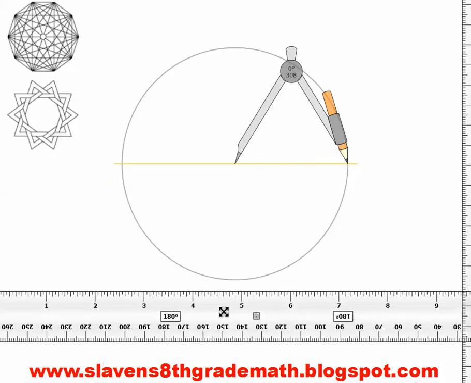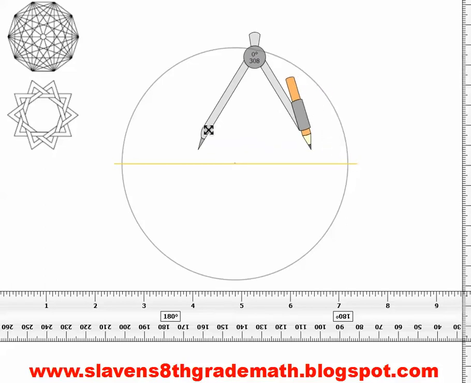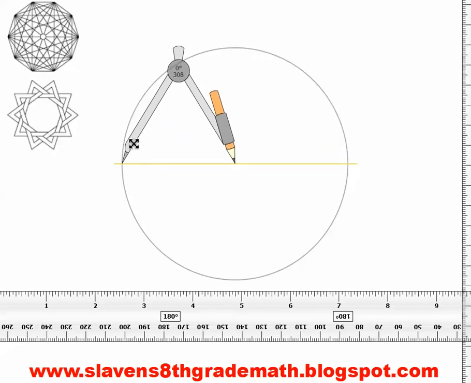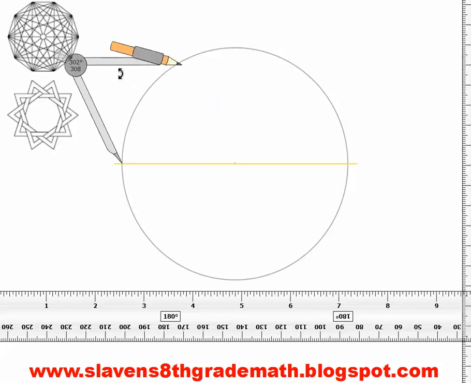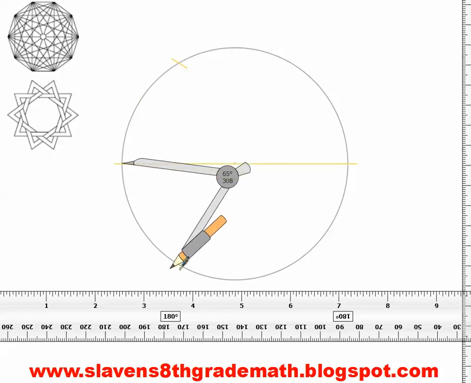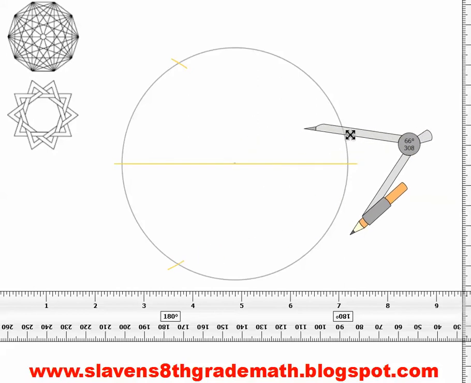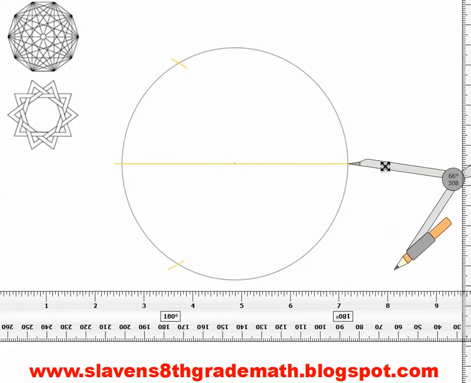And now, since we're doing a 10-point construction, we're going to take the compass without changing the setting, and we're going to draw arcs to break the circle into 6 equal segments.